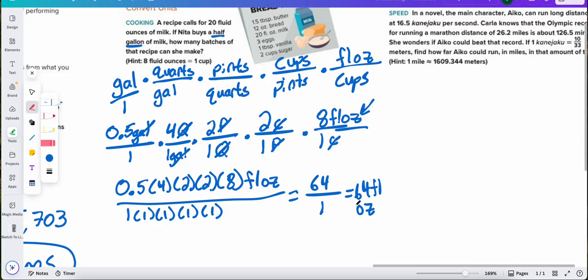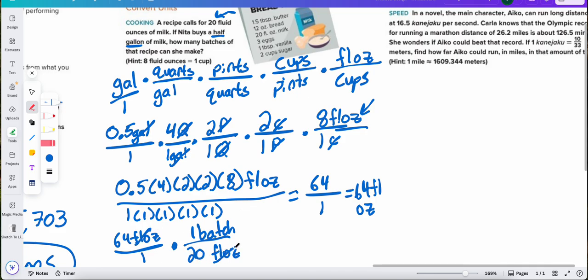Now, we know that a recipe uses 20 fluid ounces. So to figure out how many batches, we need to take our 64 fluid ounces over 1 times our fluid ounces for 1 batch, which was 20.